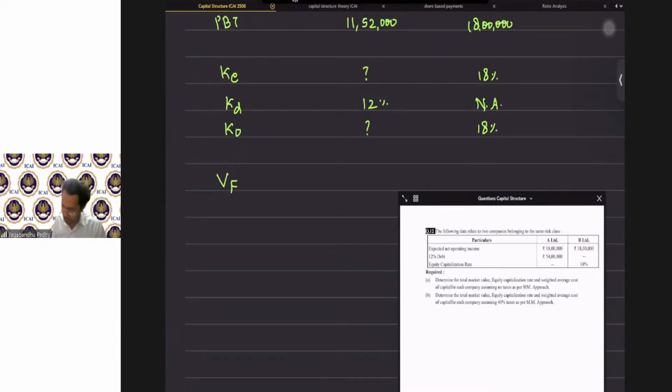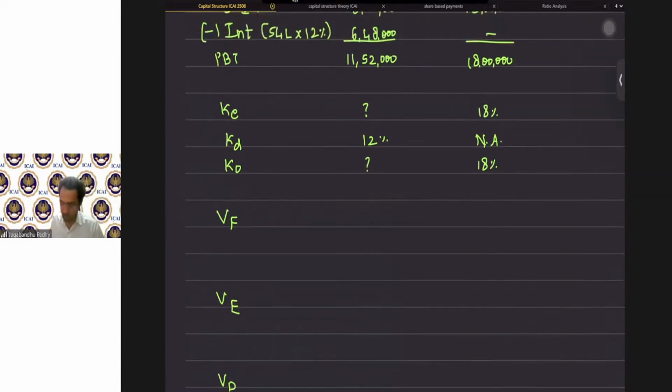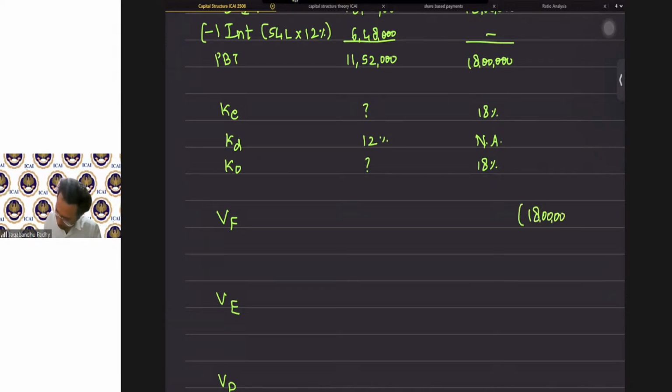Now, value of the firm. We can get the value of the firm initially. What we need is value of the firm. Then we want to get the value of equity. Then we'll talk of value of debt. Value of the firm will be simply 18 lakhs divided by cost of equity being 18%, which is 1 crore, right?